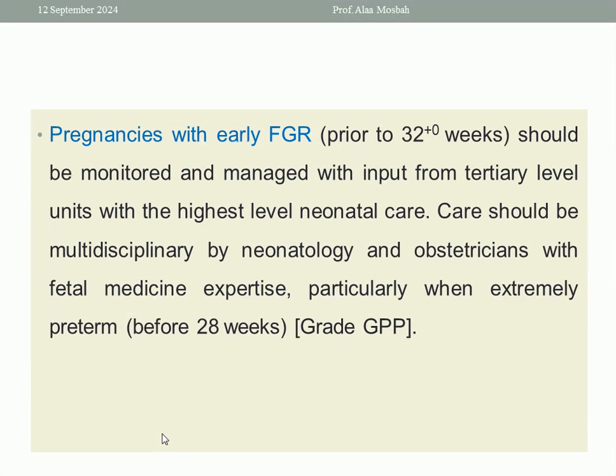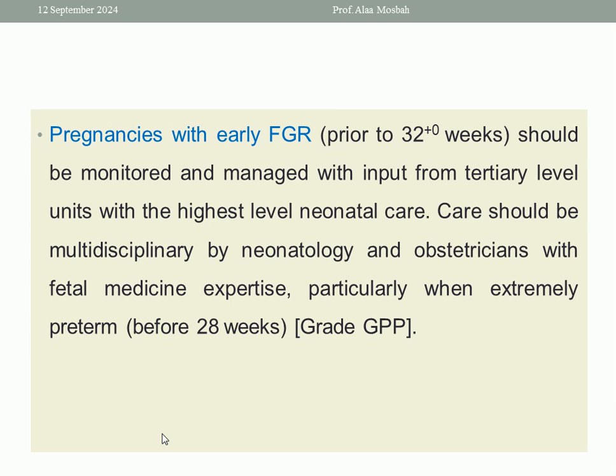Pregnancies with early fetal growth restriction, of course we know from the previous, you remember the Delphi consensus definition, early onset fetal growth restriction are those which occur before 32 weeks gestational age, okay? So pregnancies with early fetal growth restriction should be monitored and managed with input from tertiary level units with the highest level of neonatal care.